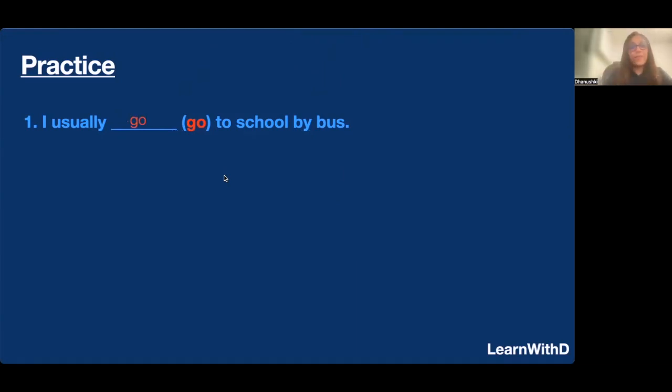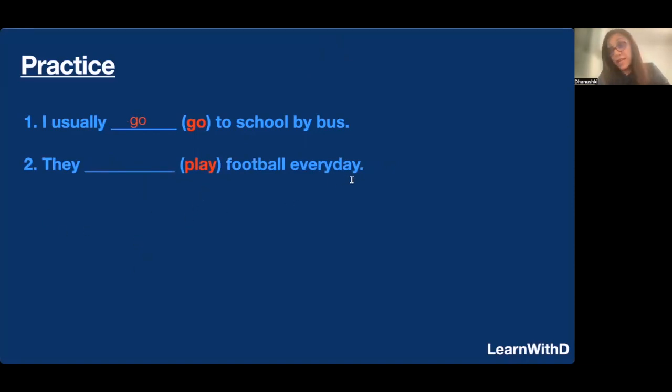I hope so. Then let's look at the second sentence. They blank play football every day. They play football every day. Did you get the same one? All right, very good. Now let's look at the third one.